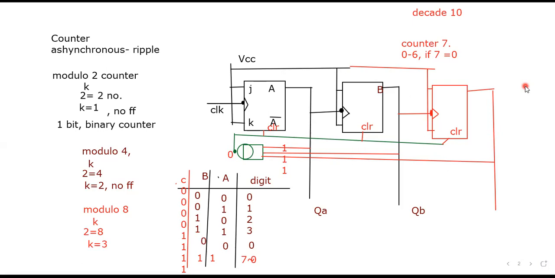So we have to go for a counter of 16, and through this 16 we will use 10 digits only, 0 to 9. Okay, so first we have to draw over here a counter of 4. 4 bits should be there, and then we have to connect them with the NAND gate.